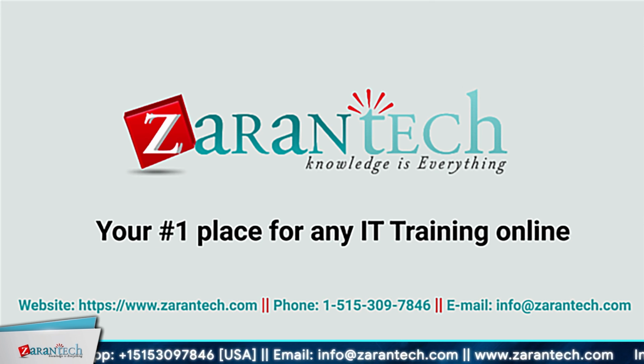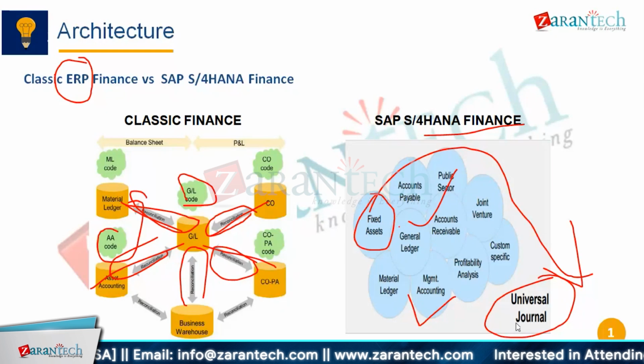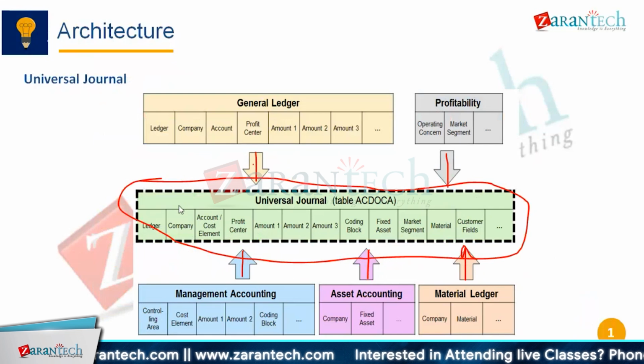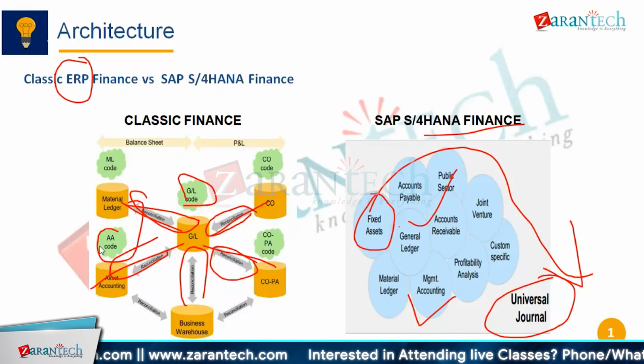The data which was stored in different tables is now stored in a single table, called the universal journal. Earlier, asset related data was stored in different tables. Now the data is stored in the same table, so no more reconciliation is required.